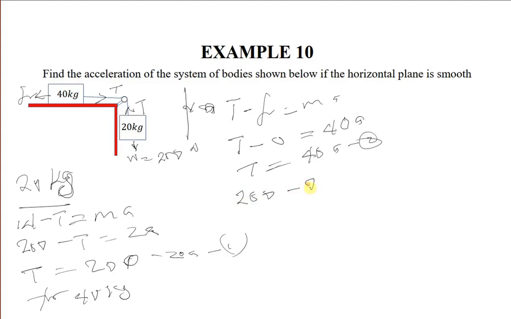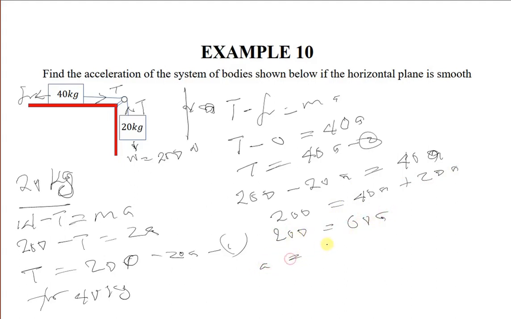What is equation 1? 200 minus 20A equals 40A. Now collect like terms. 200 equals 40A plus 20A. So we have 200 equals 60A.